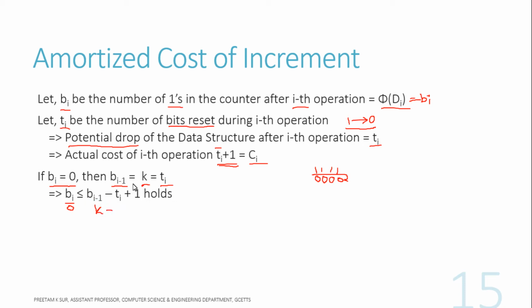Also, from the previous statement we know that ti is equal to k, and next we have plus 1. So k and minus k cancel out. On the left side we have bi equal to 0, and the right side expression evaluates to 1. So 0 less than or equal to 1 is true.